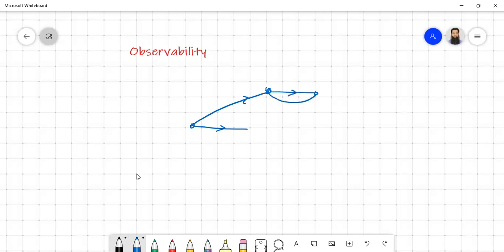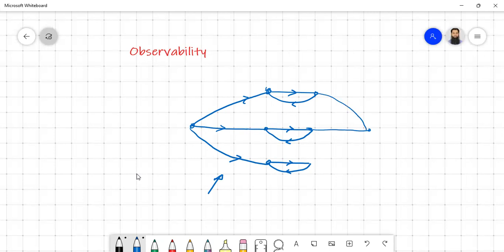If all of them are connected to the output side, then we can actually predict the states based on our output and the input. Previously we noted whether these lines were intact or not. This time you have to check whether the other lines going to the output are available or not.